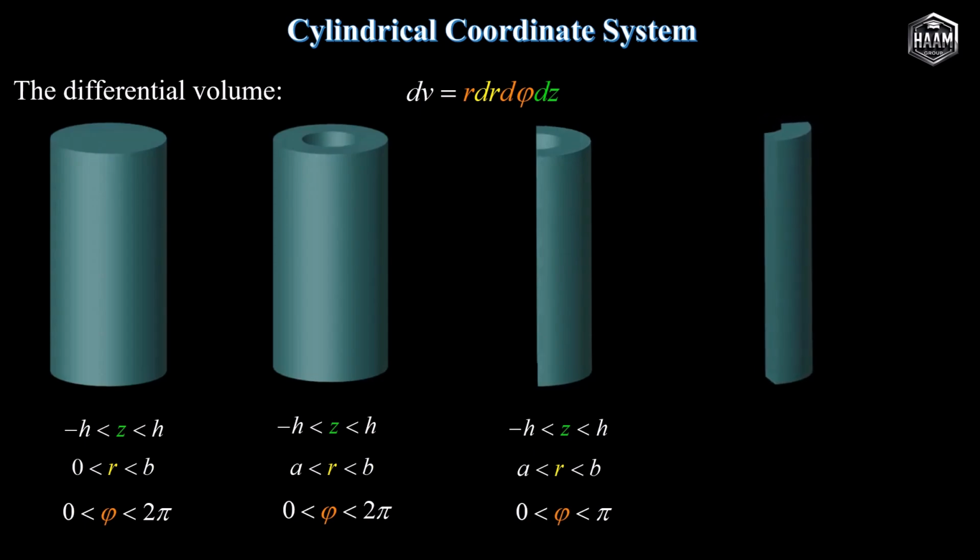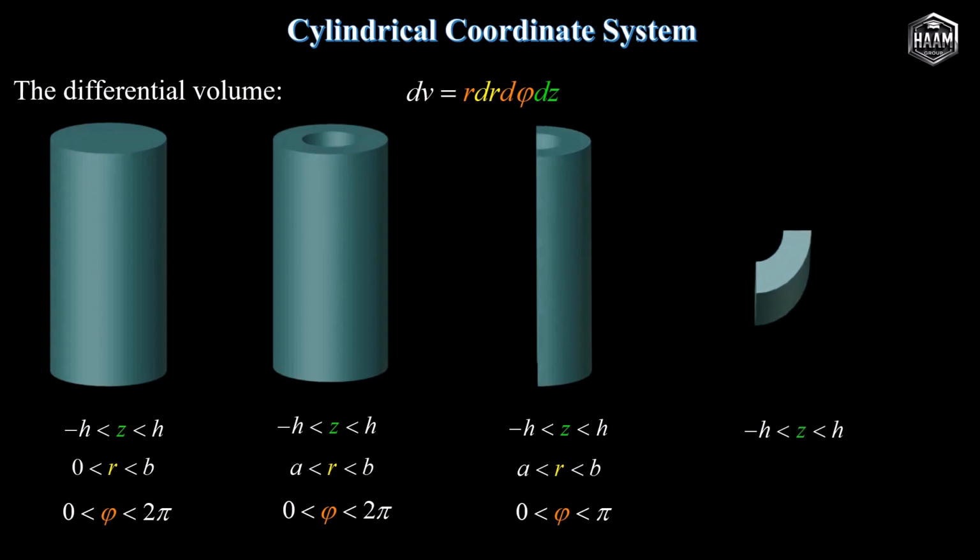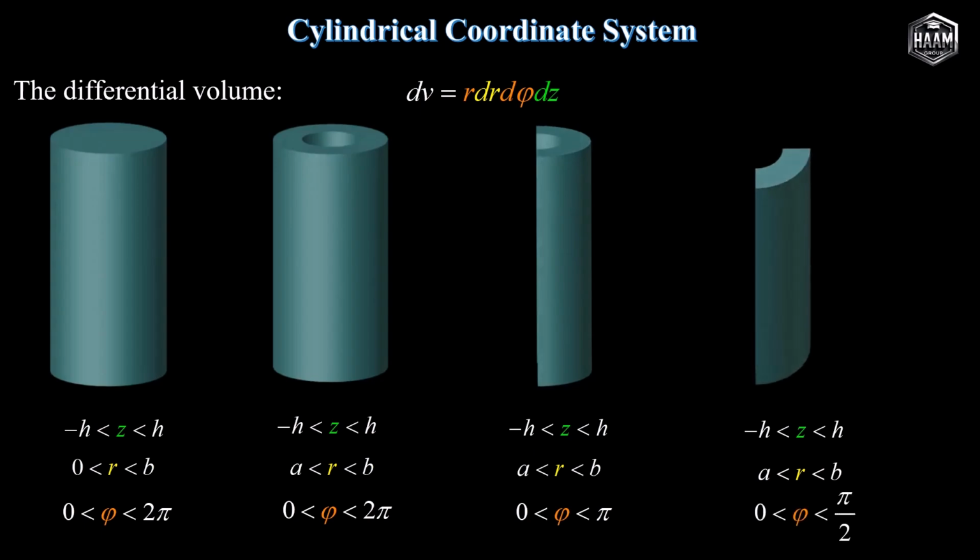The height still remains the same from negative h to h. Looking at the cross section, r still ranges from A to B, but phi is no longer from 0 to pi, it now ranges from 0 to half pi, that is 90 degrees.